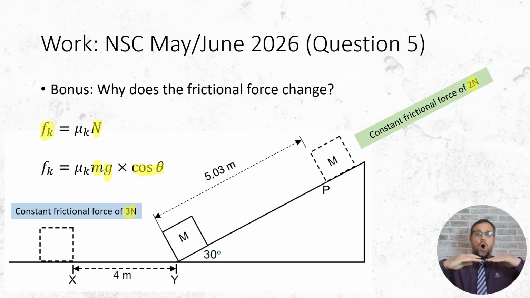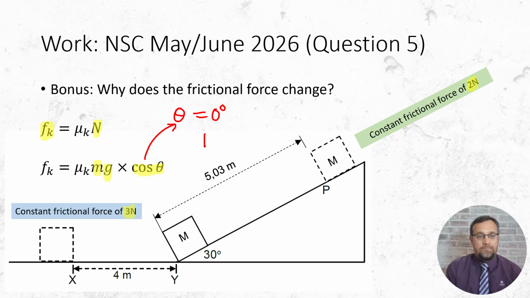Now, on a horizontal plane, that angle is equal to 0. So theta is equal to 0 degrees. And the cos of 0 degrees is equal to 1. I.e., the frictional force is equal to mu k times the full mass times g, 9,8.